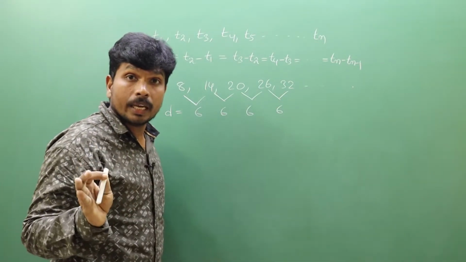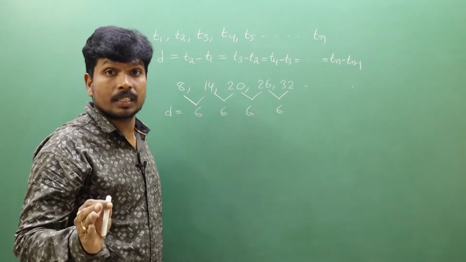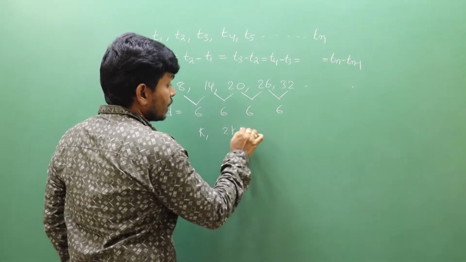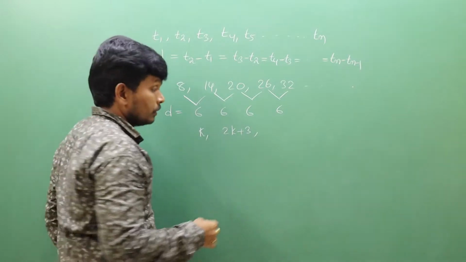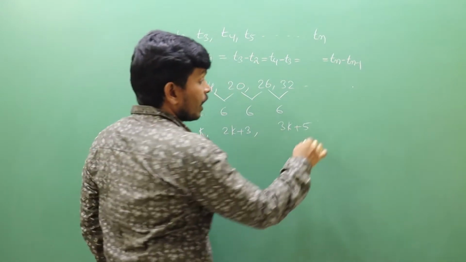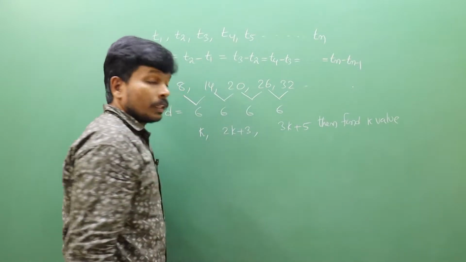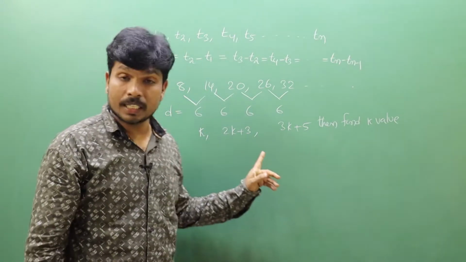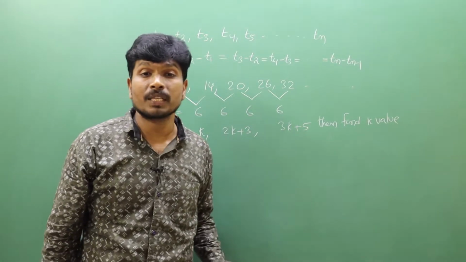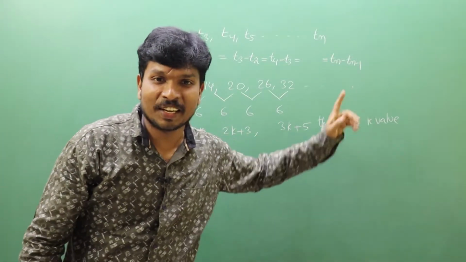Three terms in an arithmetic sequence are k, 2k plus 3, 3k plus 5. Then find the k value.